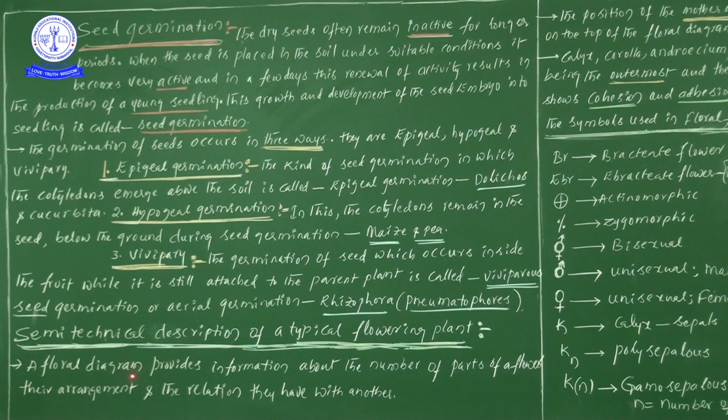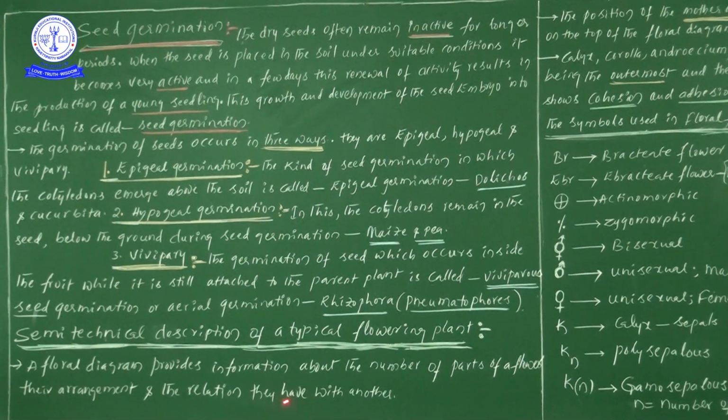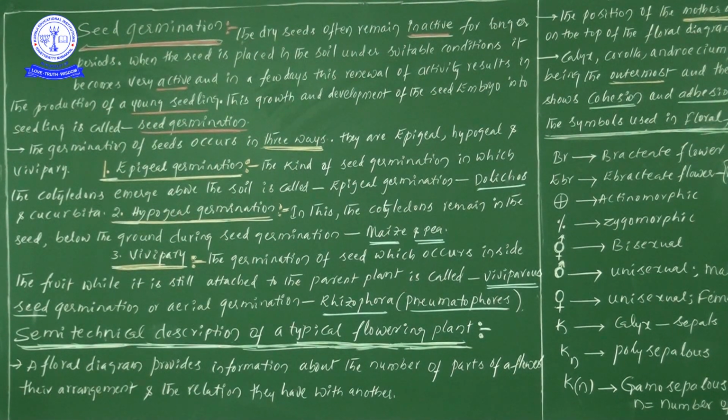Now a flower diagram, or a floral diagram, provides information about the number of parts of a flower, their arrangement, and the relation they have with other parts. So once more, in a floral diagram, what information can we see?